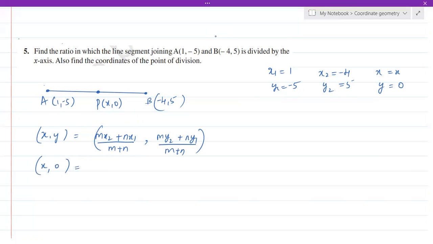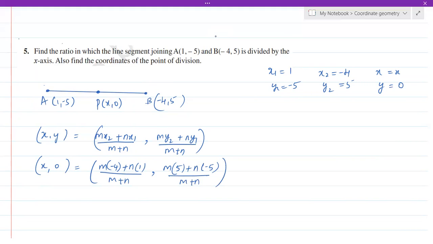So x comma 0 is equal to m value we don't know, x2 value is minus 4, n value, x1 value is 1, divided by m plus n. Again, m value as it is, y2 value is 5, n as it is, y1 value is minus 5, divided by m plus n.